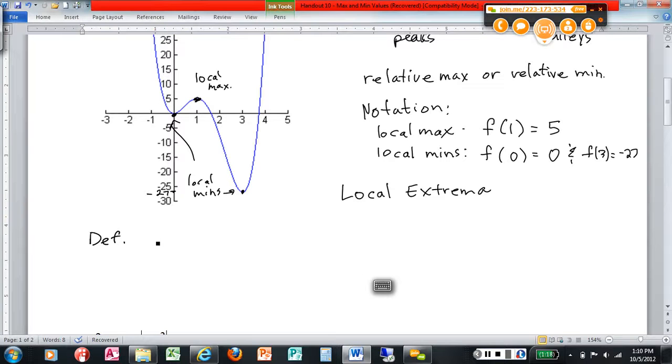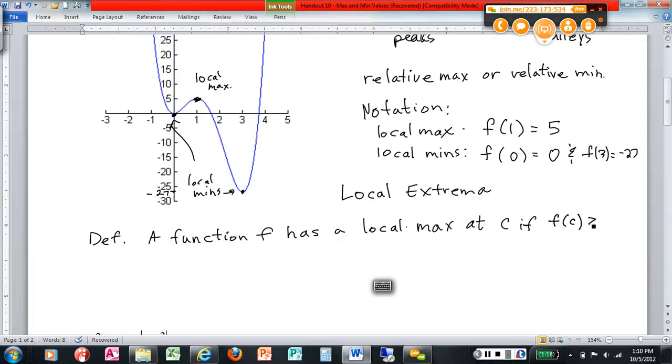The definition of a local max and a local min is this. A function f has a local maximum at C if f of C is greater than or equal to f of x when x is near C. Here's near C, I'm sorry.